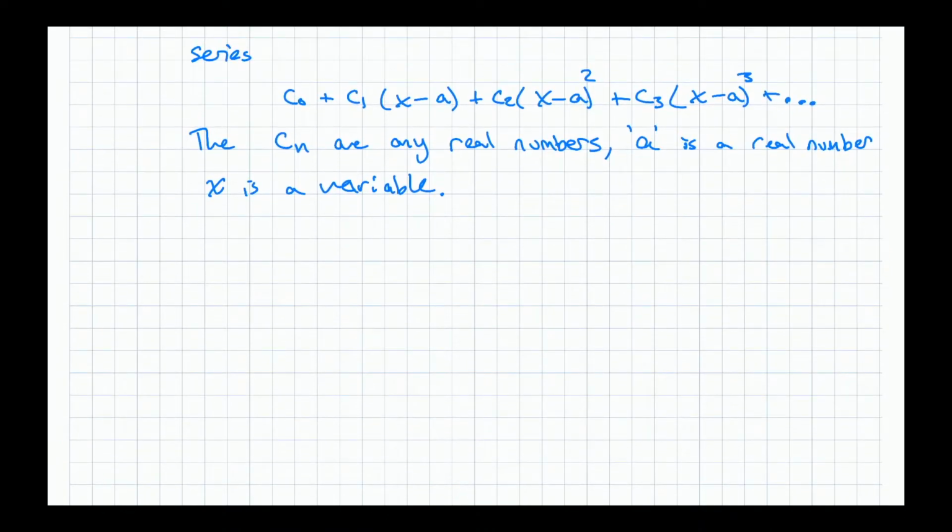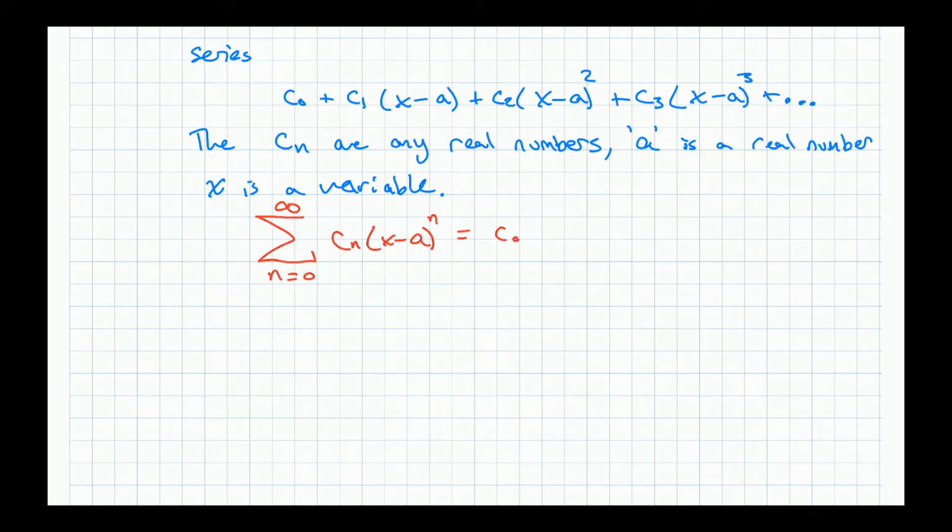Well, first of all, we can more concisely write this form like this: the sum from n equals 0 to infinity of cn (x minus a) to the n. So that is another way to write it. And of course, that's just the same formula. All right, and that's a power series.